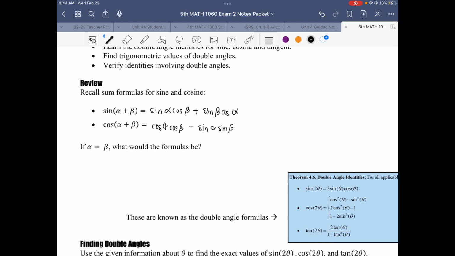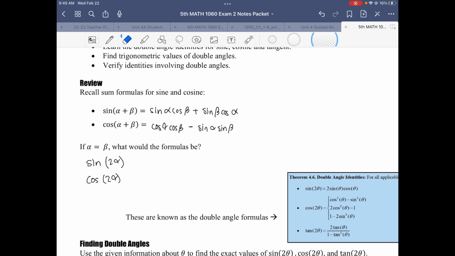Okay. So the question is, if alpha is equal to beta, what would happen? What would this look like? Well, first of all, it would be the sine of 2 alpha, or the cosine of 2 alpha, right? And then how would these others on this side change? So let's just look at sine for a second.